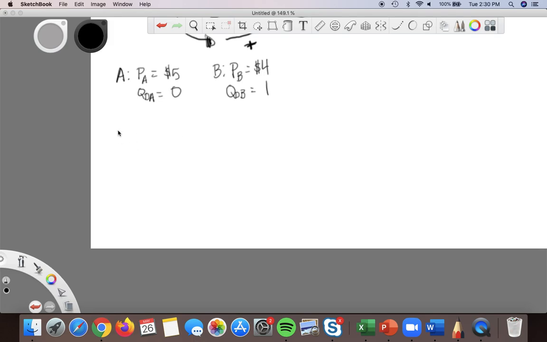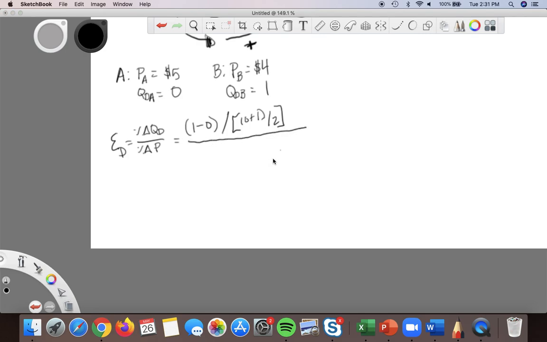So now if I plug that into my elasticity of demand equation, I need the percent change in quantity demanded divided by the percentage change in price. So we're going to use my midpoint method. So we're going to use the second quantity minus the older quantity. So we're going to have 1 minus 0. And then we're going to divide that by the average. So the average is going to be 0 plus 1 divided by 2.